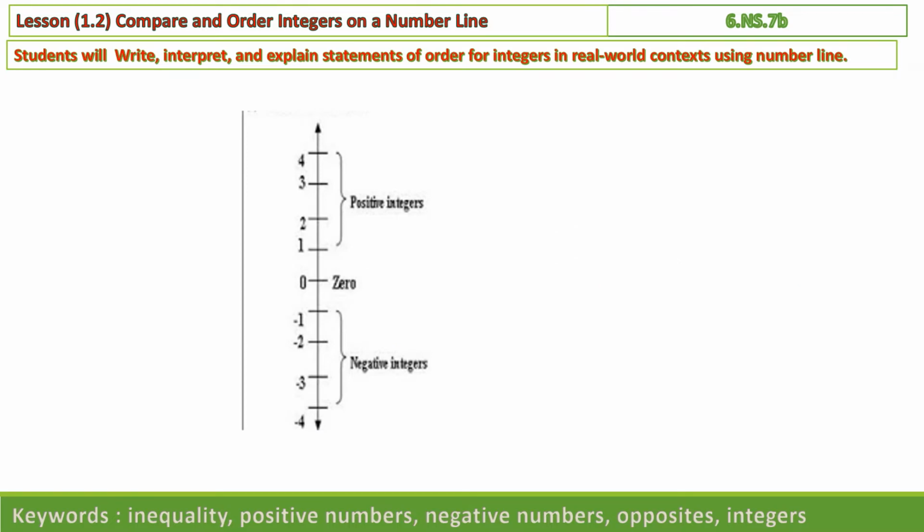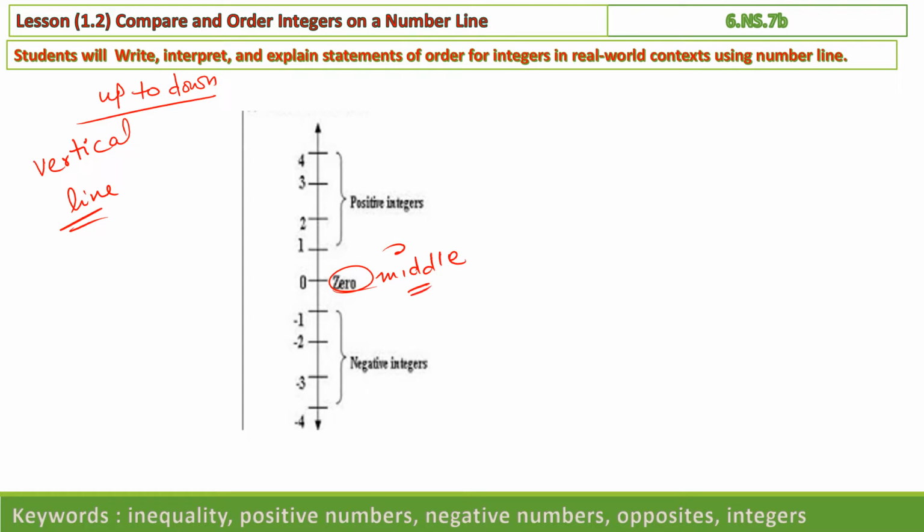The line which goes from up to down or down to up is said to be a vertical line. Now in the vertical line also you can see in the middle there is 0. Again 0 cannot be negative or positive. The numbers above 0 are positive, and the numbers below the 0 are negative.